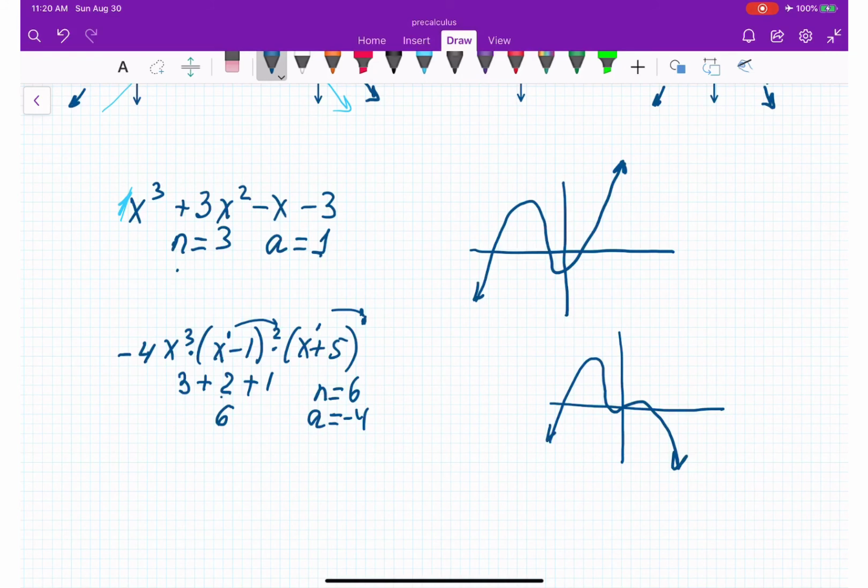So both ends are looking down, okay, because the degree is even, which means either both ends are going up or both ends are going down. And negative 4 means it decides that it will go down, okay. Let me do one more.